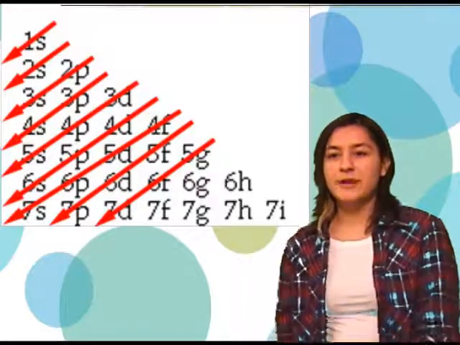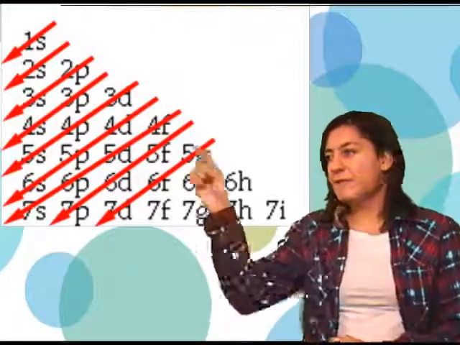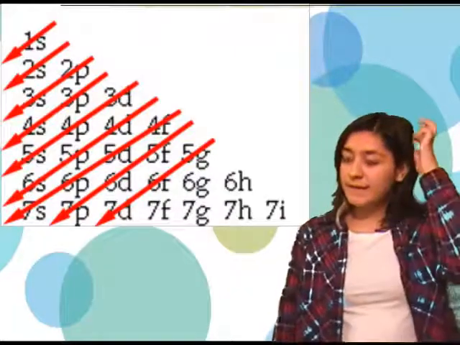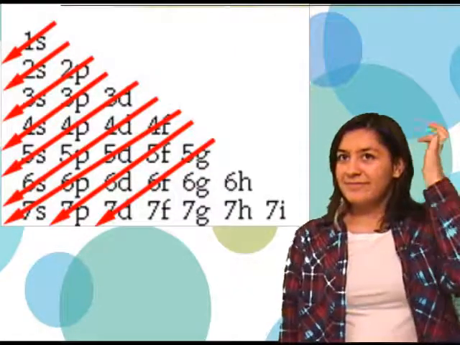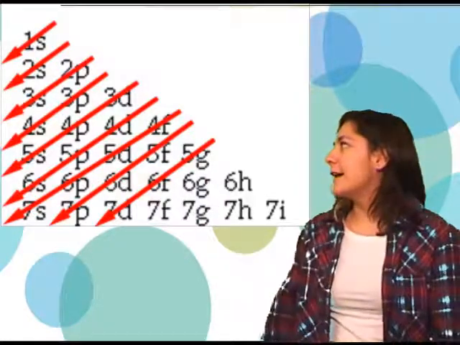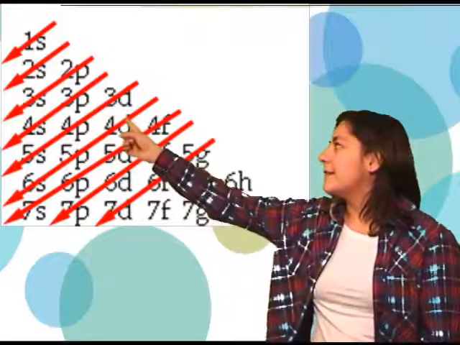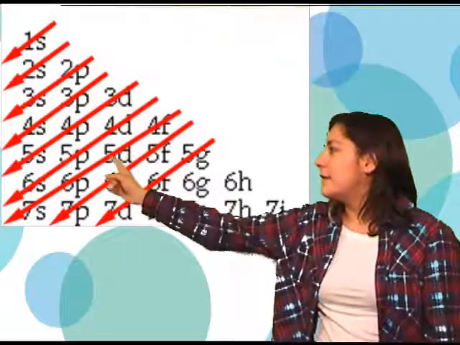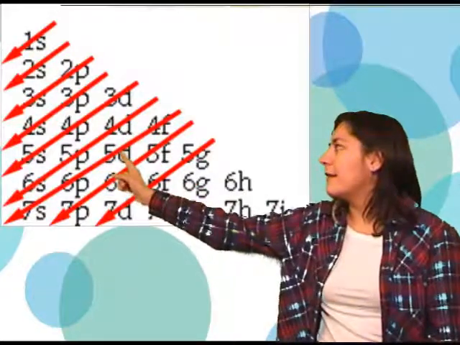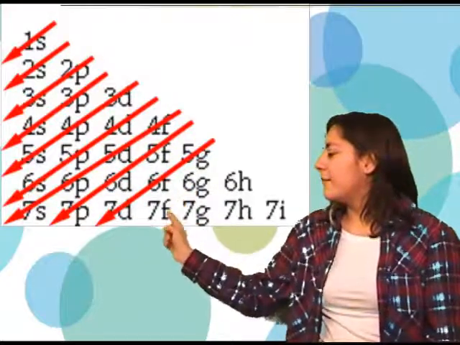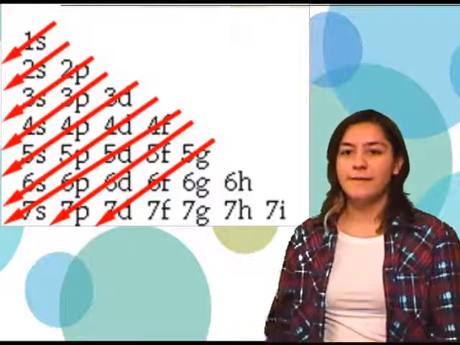And once we've made a triangle and slashed, we follow each of these lines and we write what we see. So we'd go 1s2, 2s2, 2p6, and then we just keep going down and start at the top again until we run out of stuff.